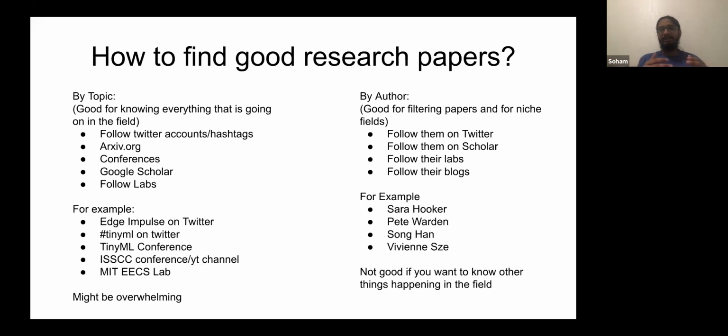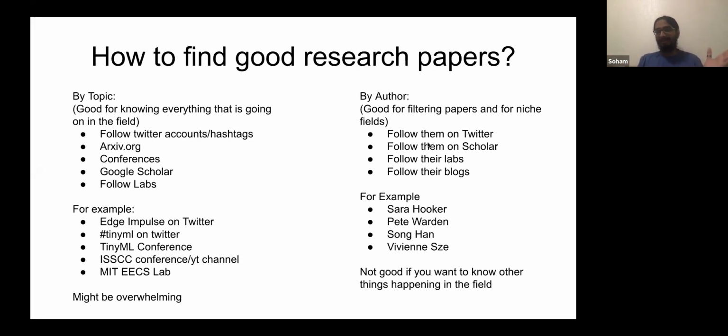And some people also have blogs, and you can follow those as well. Another good thing about following authors on Twitter is they will often share other work that is not theirs, but similar work in their field. That's also a really good way to find papers.